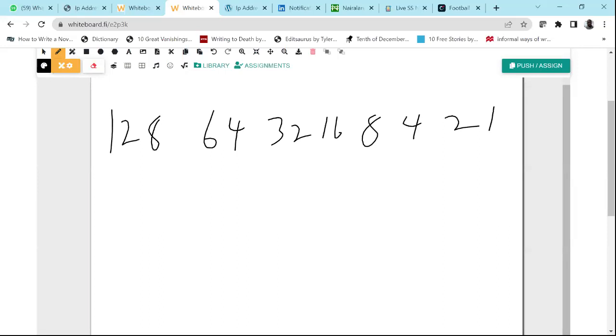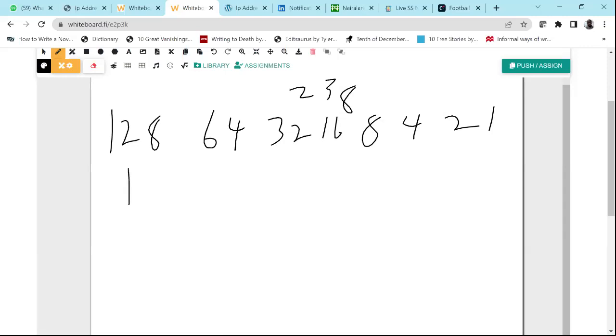This time around, you take the numbers and you step it out. Let me write those numbers again: 128, 64, 32, 16, 8, 4, 2, 1. Assuming I was converting a decimal number, say 238, to binary, can I subtract 128 from 238?